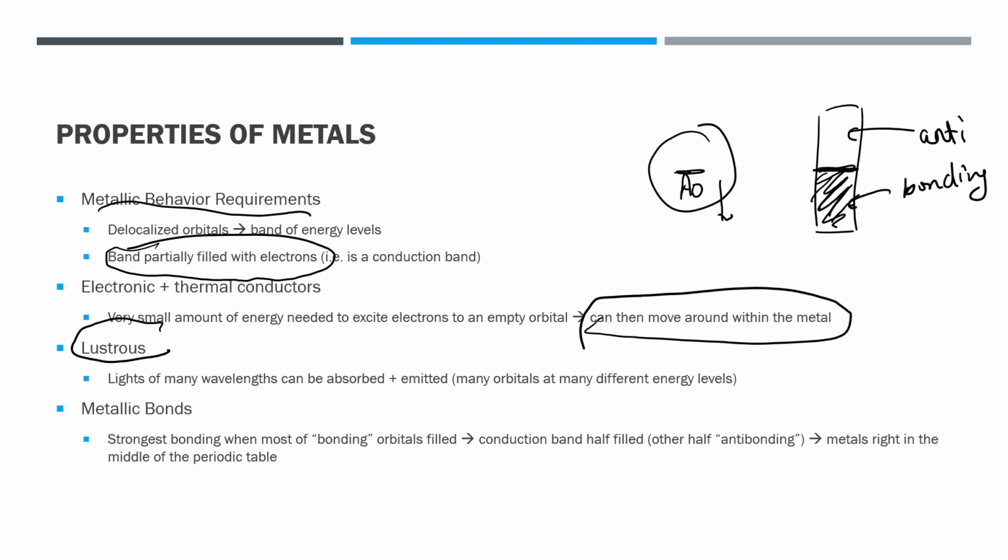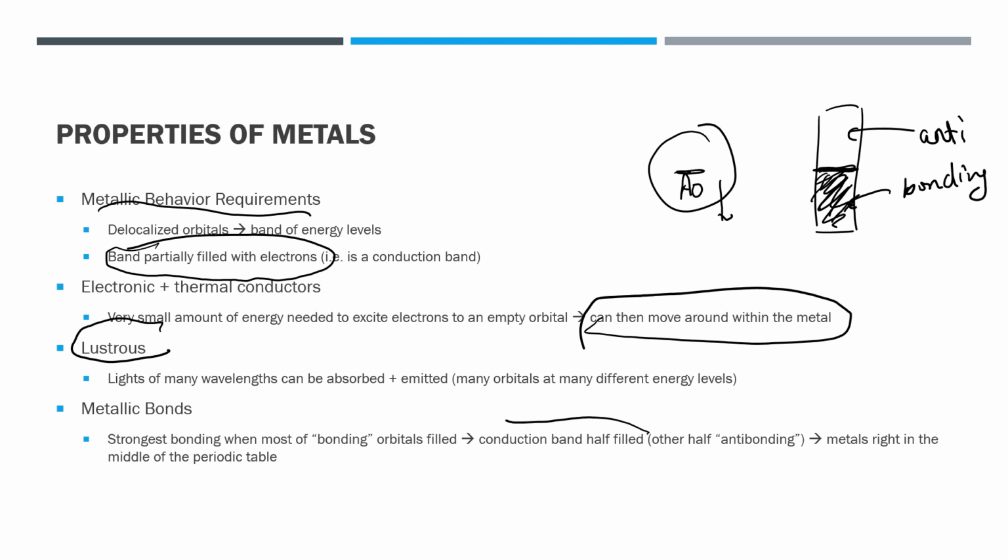But now that I have bonding, and I fill it exactly halfway, all of the electrons are going to be below where they would have been before, right? So if I fill up all the bonding orbitals, I have this maximum lowering in energy. I have the maximum stability, and that's going to result in the strongest bonding.